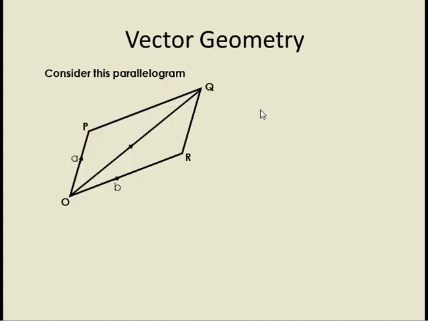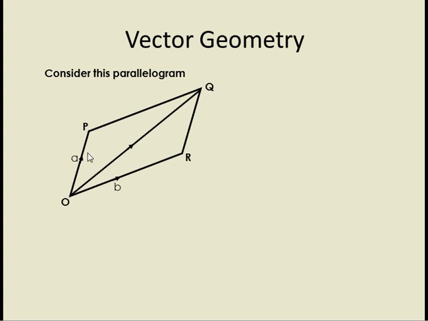We're going to look at a few examples now. First couple of examples, we're going to use this parallelogram. Okay, so we've got parallelogram OPQR. That's important that the letters go in alphabetical order around the parallelogram. OPQR.